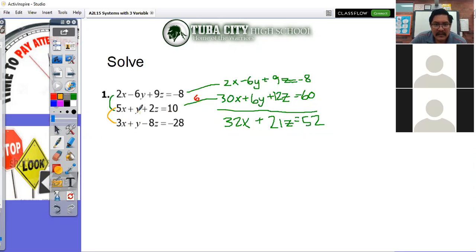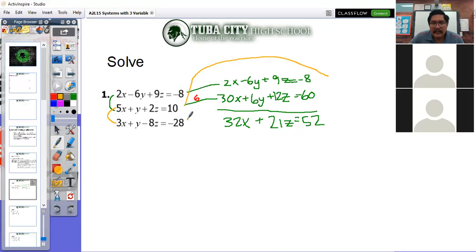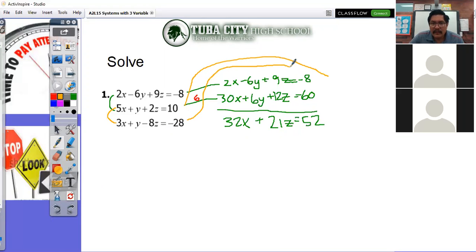And I am going to need one of these to be negative, right? Because if it's positive y, when I combine them, it's going to make 2y, and it's not going to eliminate. So not only do they have to be the same letter, the same coefficient, but they also have to be opposites. So I'm going to make one of them negative. I'm going to times this bottom line by -1.